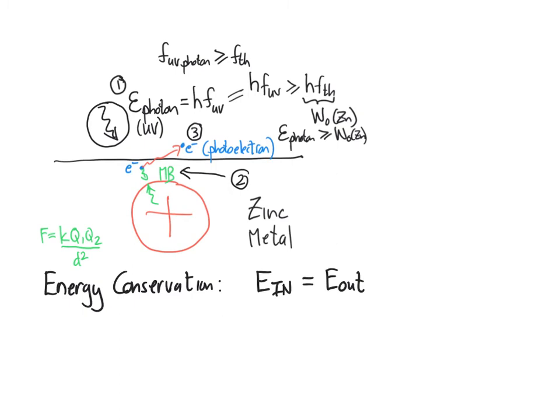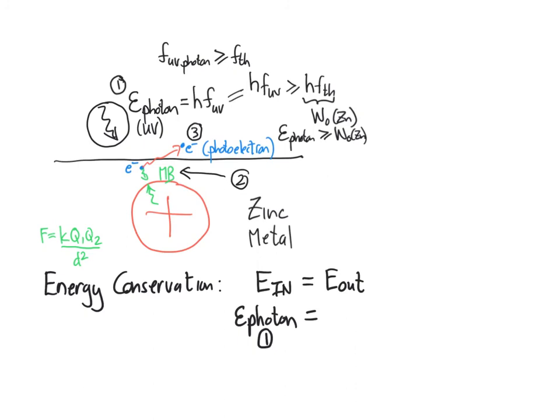That's what conservation means. It means that something is conserved, something is constant, and in this case it's energy. Now the energy in is the energy of the photon. So we're going to write here E photon, and remember that is component 1. That is the energy coming in, and that energy is given to the electron, and the electron now has to pay, as it were, an energy toll.